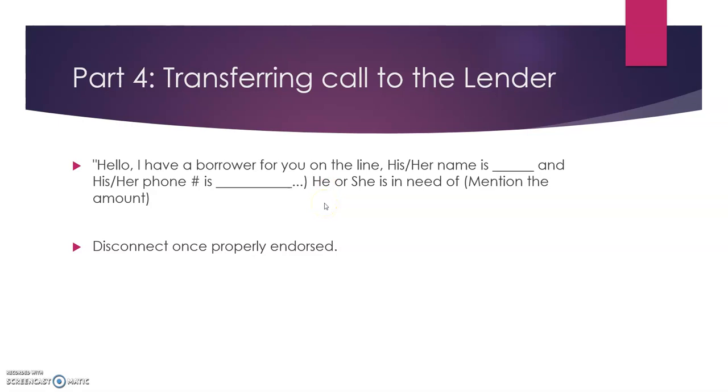That's it. All you have to do as an introduction is mention who you are, where you're calling from, the name of the borrower, the phone number, and exactly how much they need for their business. And basically that's it for the script.